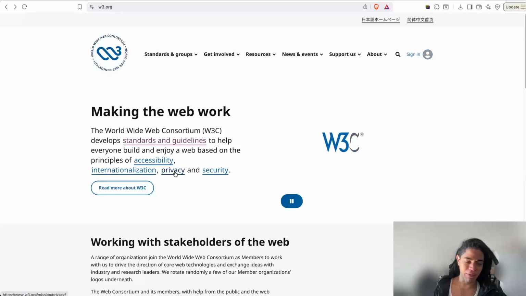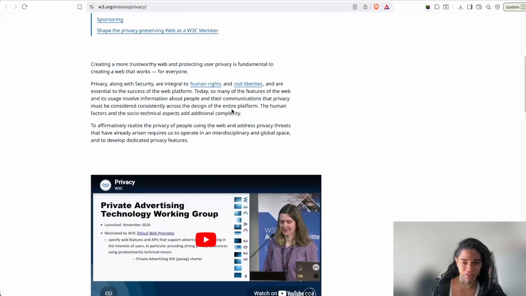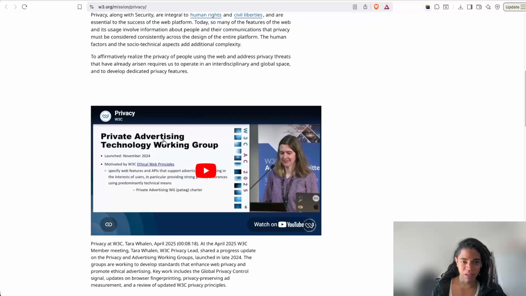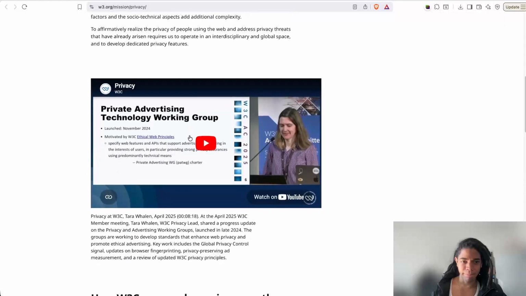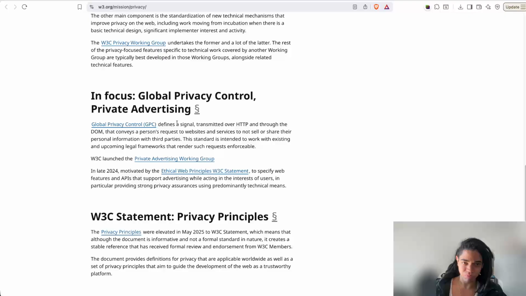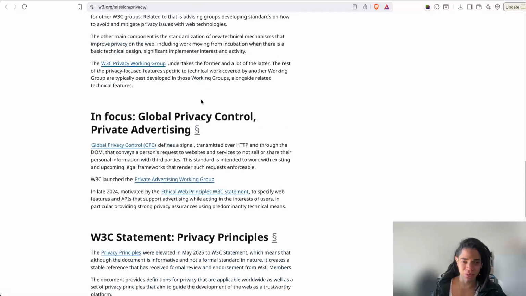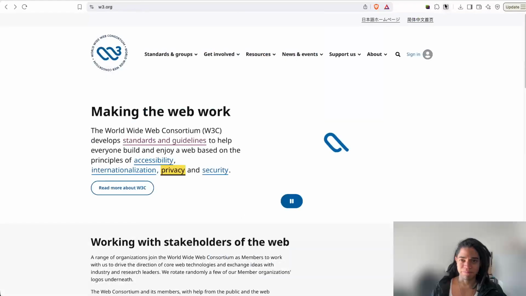Internationalization, privacy and security, right? Allegedly. Private advertising technology working group. Global privacy control, private advertising, and so on and so forth.